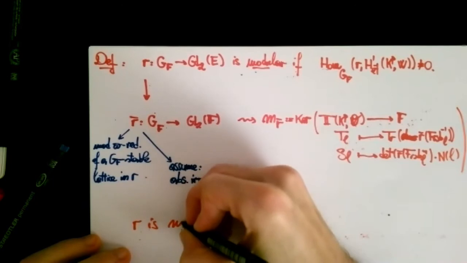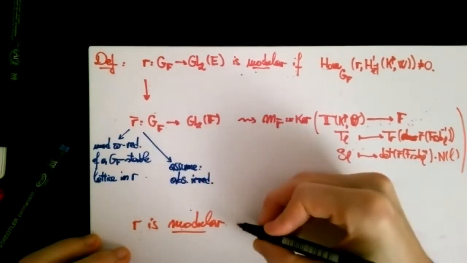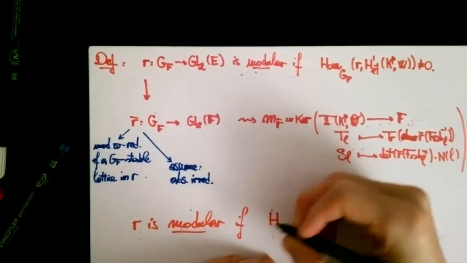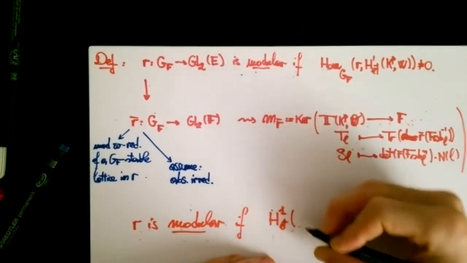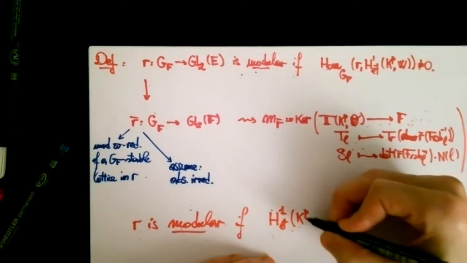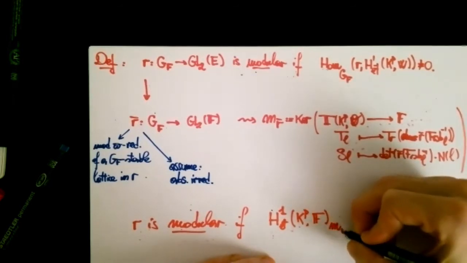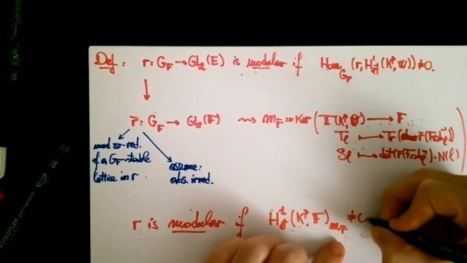So we have this maximal ideal in the Hecke algebra, and we say that R bar is modular of a certain level if this H1 et al. K upper P F localized at M R bar is different from 0.